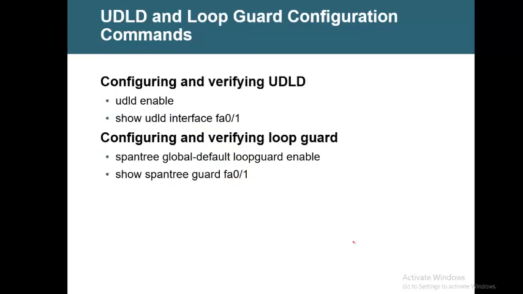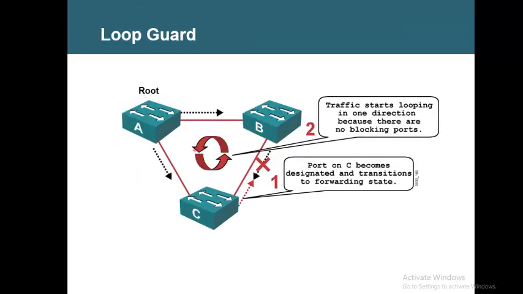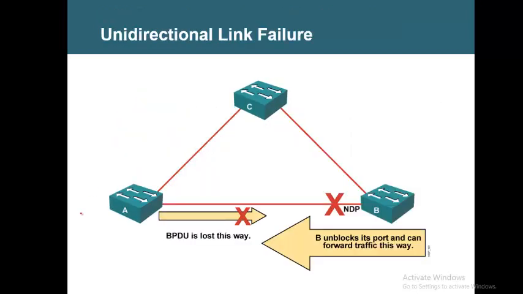This is the command to enable UDLD globally. UDLD addresses hardware failure. Because of hardware failure, BPDUs are not received. The switch is functioning, no doubt, but there is some malfunction on the port hardware, and as a result the BPDU is lost.